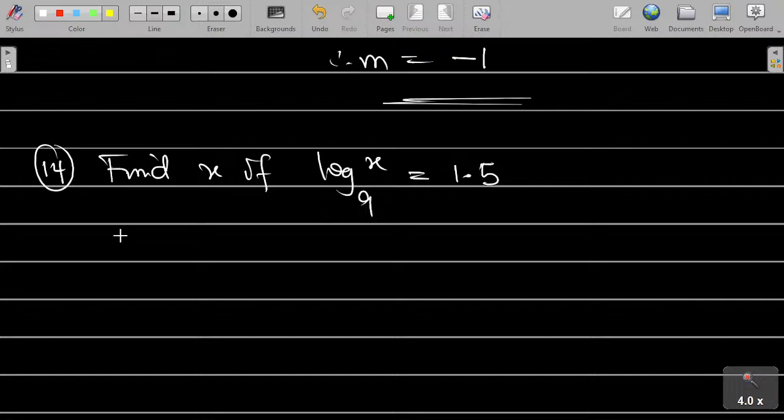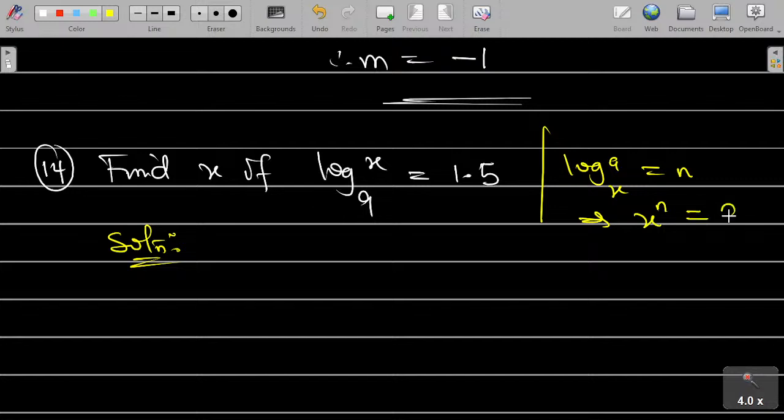We are told that if the log of a to base x is equal to n, it actually means that x to the power of n is equal to a. That means the base raised to the power of the value is equal to the number of any logarithm.